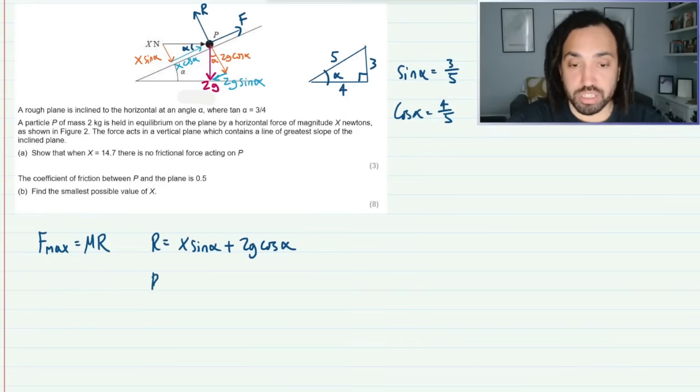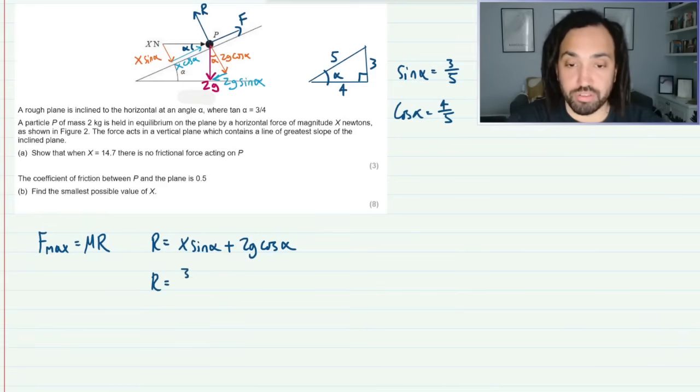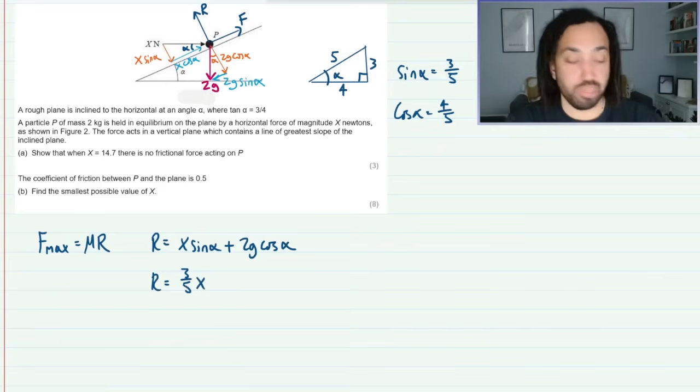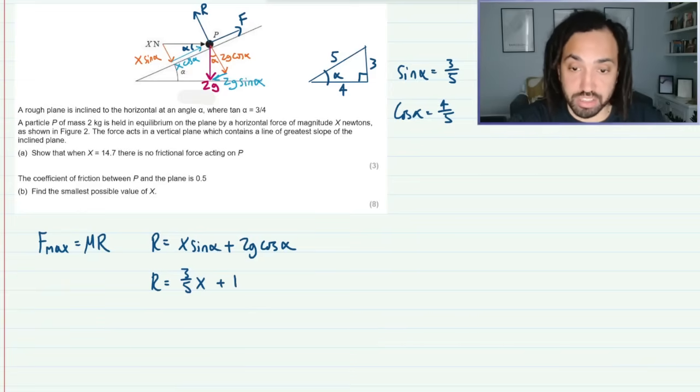Okay, so we could tidy that up a bit. We don't know X yet, but we know sine alpha is 3 over 5, and we can work out what that 2g cos alpha is, and I believe it is 15.68.